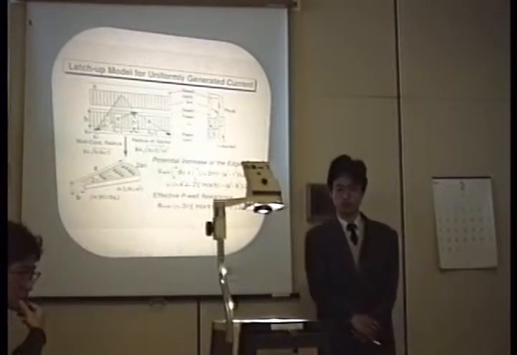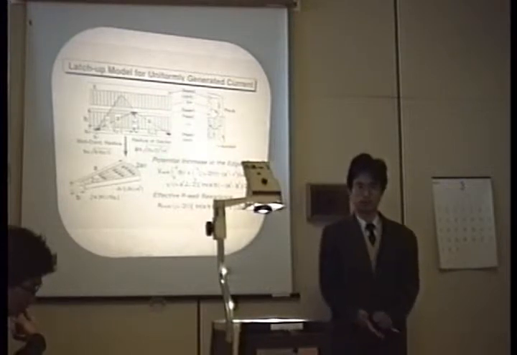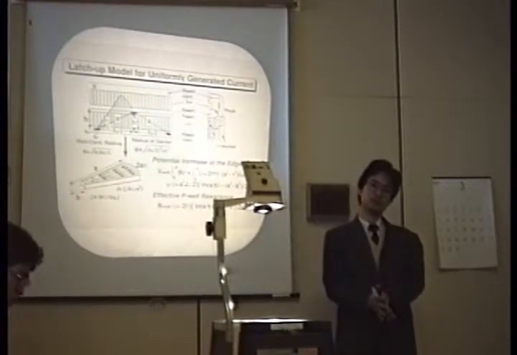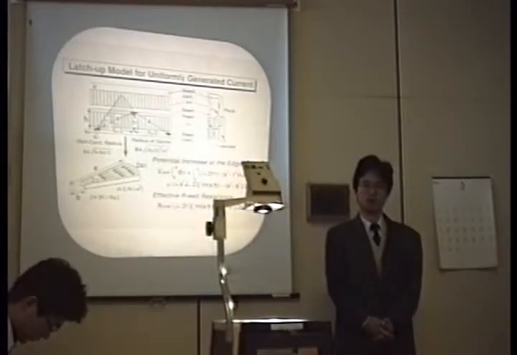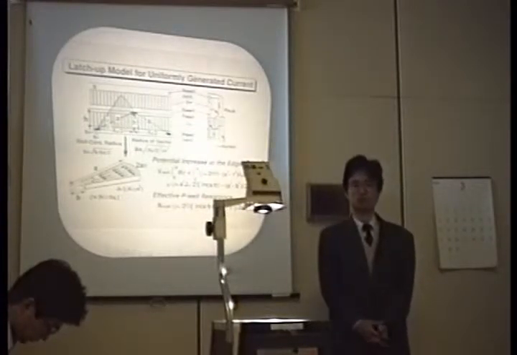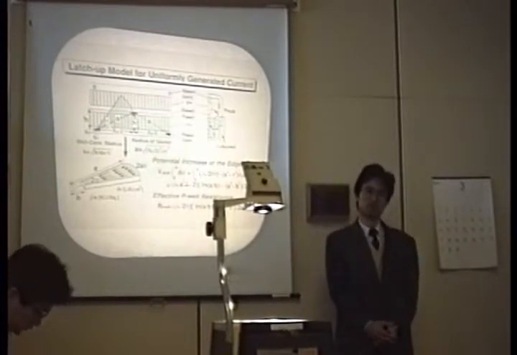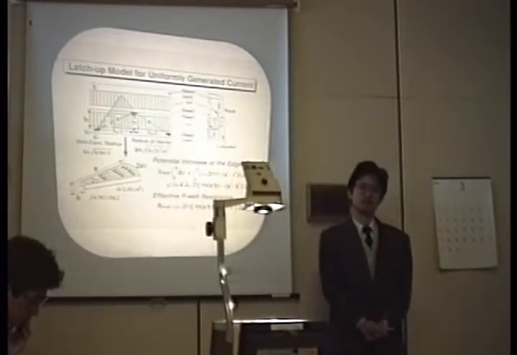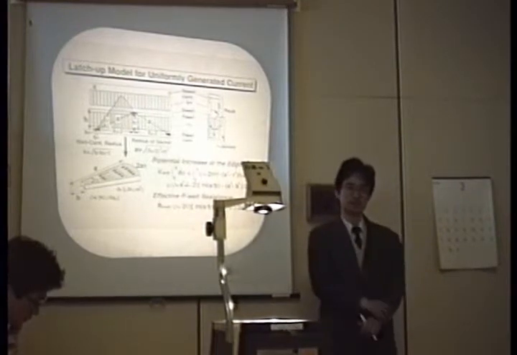You showed these parameters in your slide. But for example, beta N, is it possible to estimate it before fabricating this structure? Yes, sure.